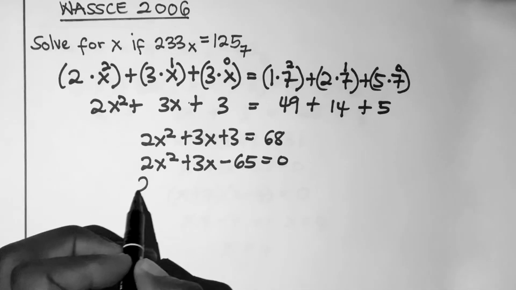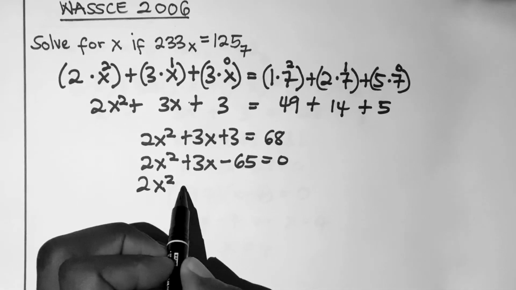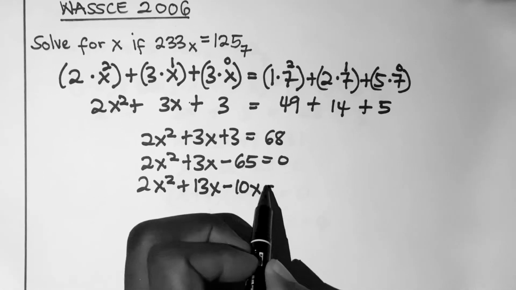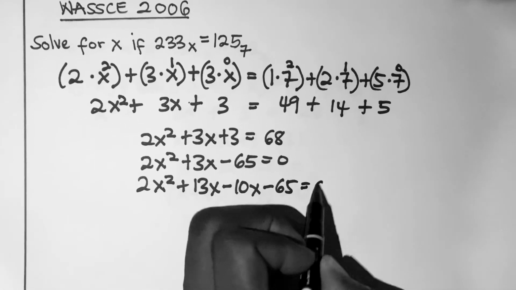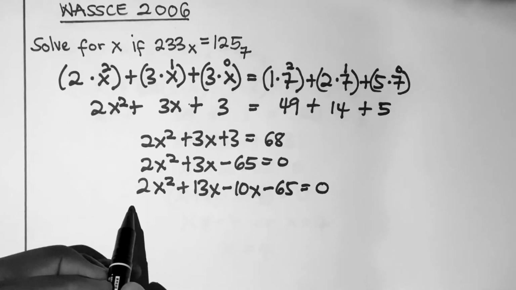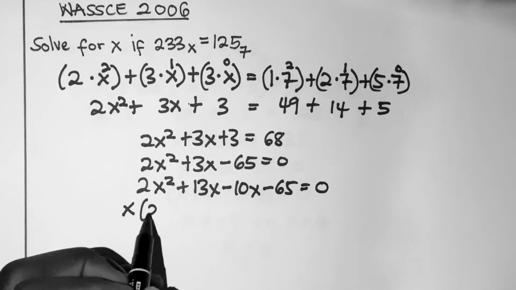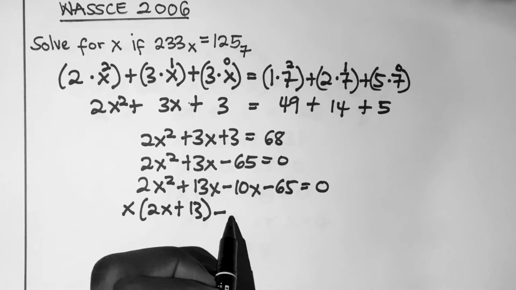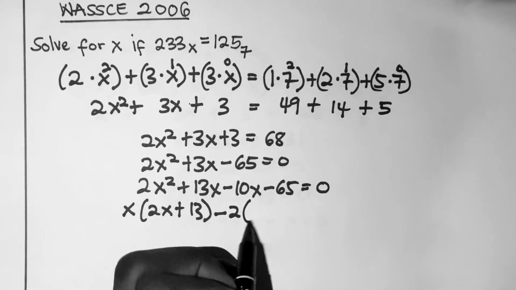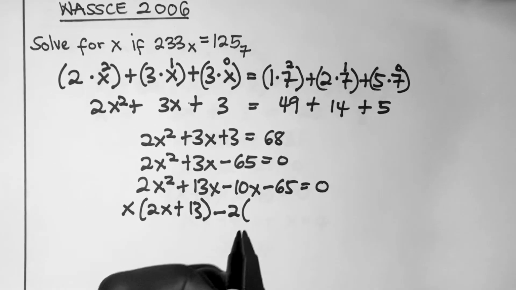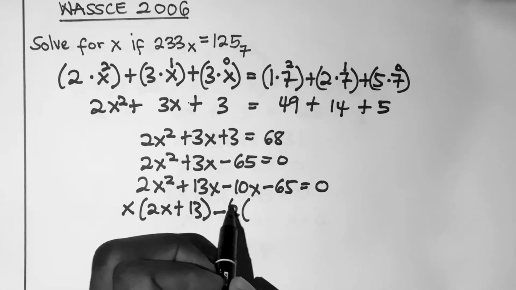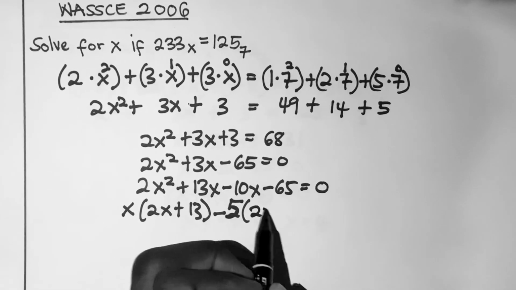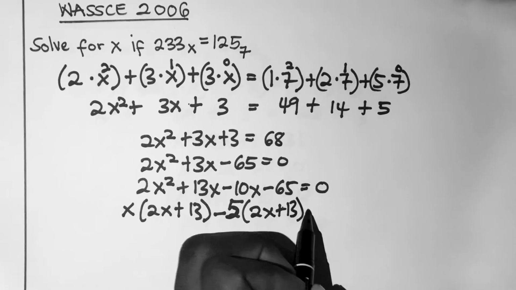So therefore, here becomes 2x squared, then plus 13x minus 10x minus 65 equals 0. So with here, we can factorize x out. So we are left with 2x plus 13. Then with this place, we can factorize minus 5 out, then we are left with 2x plus 13 equals 0.